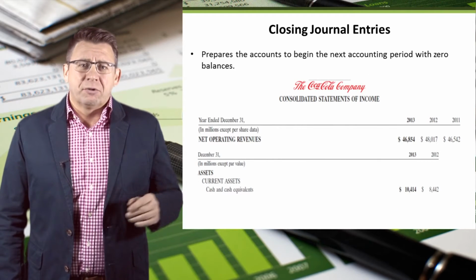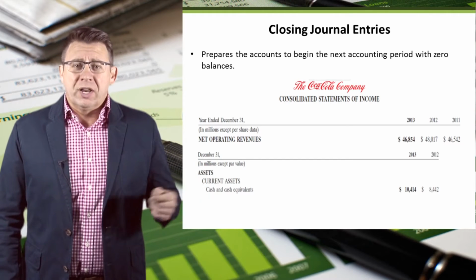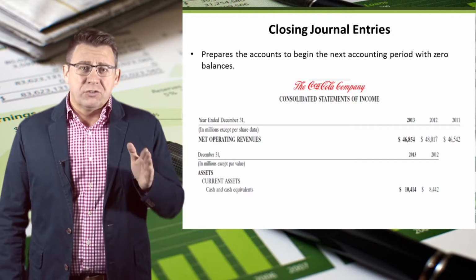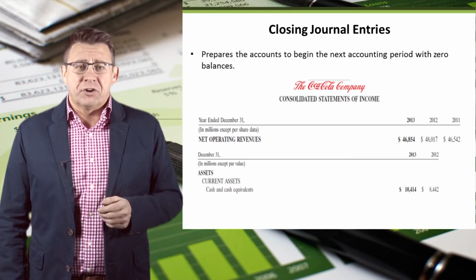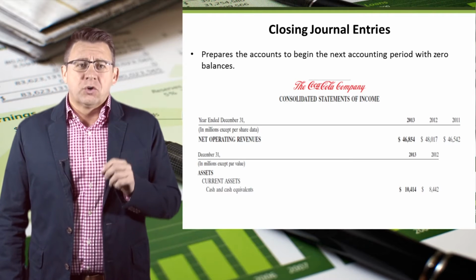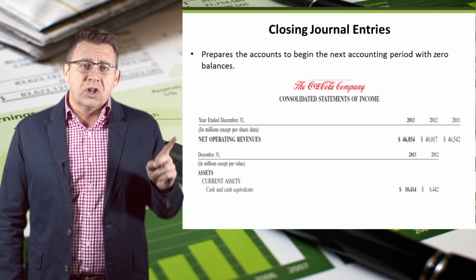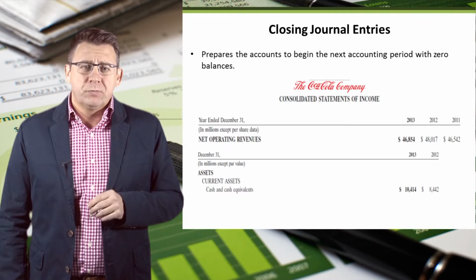Here's some data from Coca-Cola's 2013 financial statements. The operating revenue is a temporary account. The amounts shown are the amounts earned in that year, not the total amount of revenue Coke has ever earned. Each year revenues are closed so that Coke can begin tracking revenues for the next year.